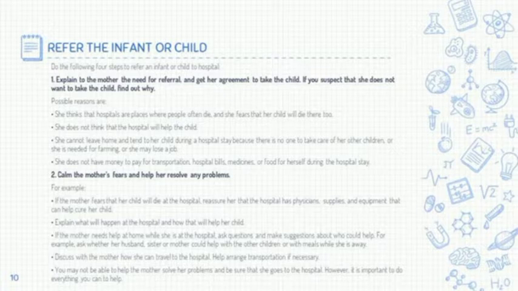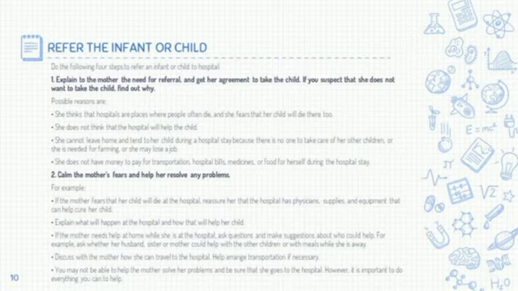She cannot leave home and tend to her child during a hospital stay because there is no one to take care of her other children, or she is needed for farming, or she may lose a job. She does not have money to pay for transportation, hospital bills, medicines, or food for herself during the hospital stay. So these are just common reasons why guardians don't want their child to be referred to a hospital.